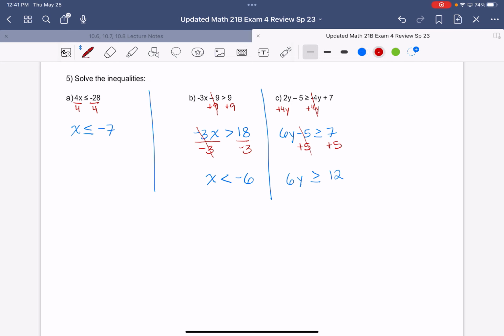And lastly, to get y alone, divide both sides by 6, so that way the 6's cancel. We're left with y is, tell me, does the sign flip or does it stay the same? Stays the same, good, because we're dividing both sides just by a positive 6.